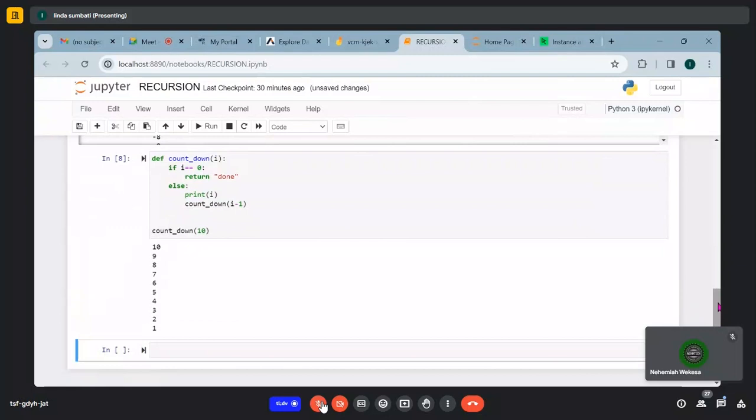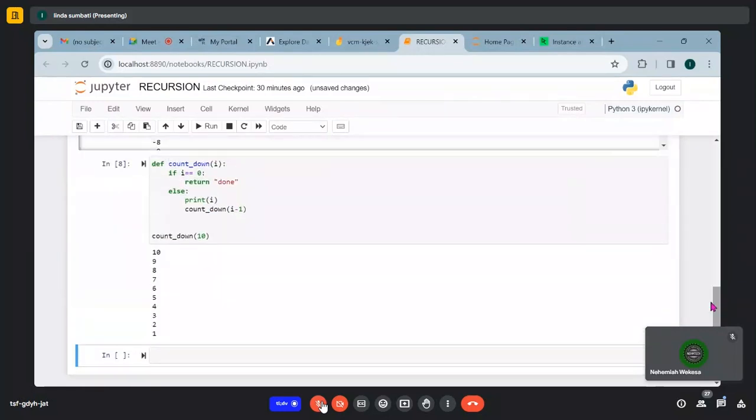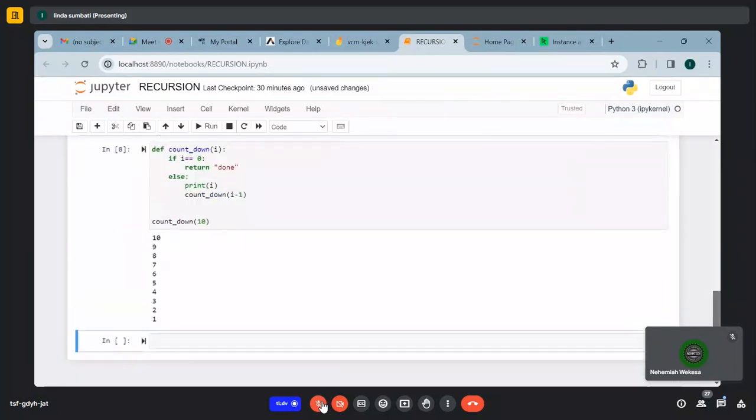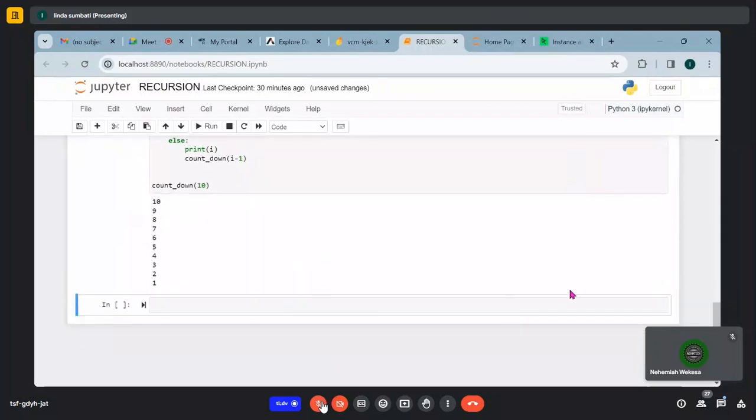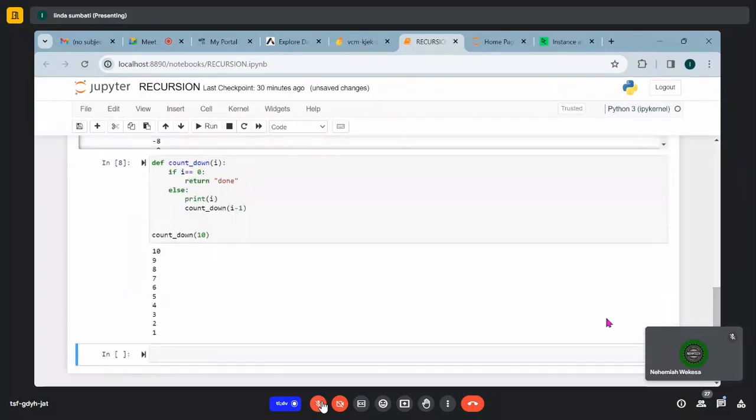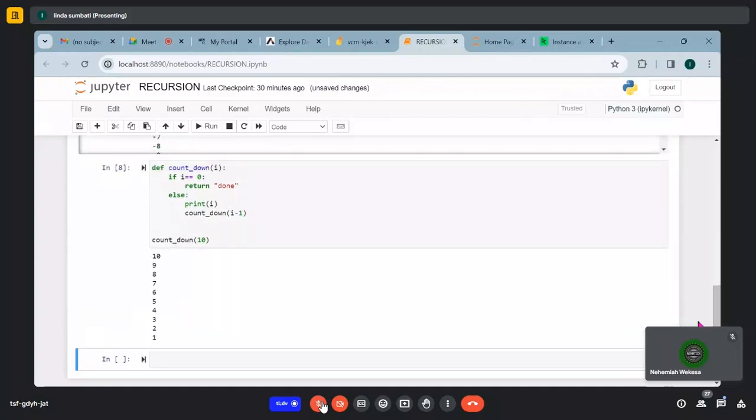It's fine. In that case, instead of return none, we write print done. If i equals 0, print done, else. Great, thank you.